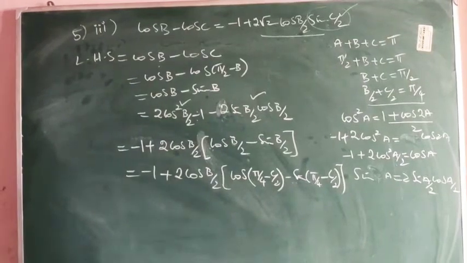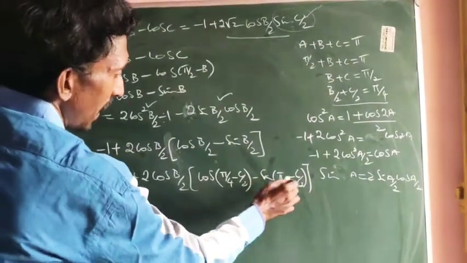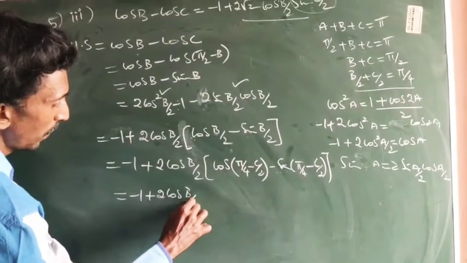To get the answer easily, better we can use the cos(A minus B) and sin(A minus B) expansion. Minus 1 plus 2 cos B by 2.